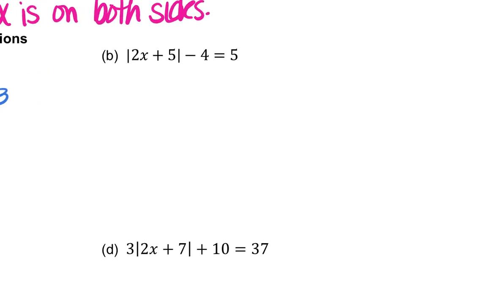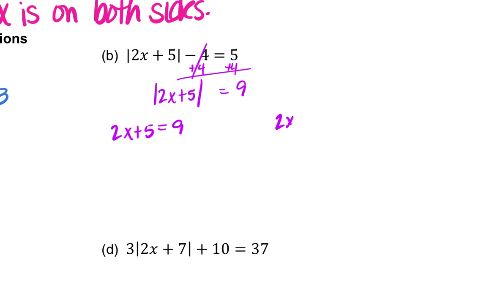All right. When you are given this form, you have to move the 4 first because you have to get the absolute value by itself. So you're going to add this 4 to both sides. So now I've got |2x + 5| = 9. Now that it's in the proper format, you do your this or that. So we've got 2x + 5 = 9, and 2x + 5 = -9.